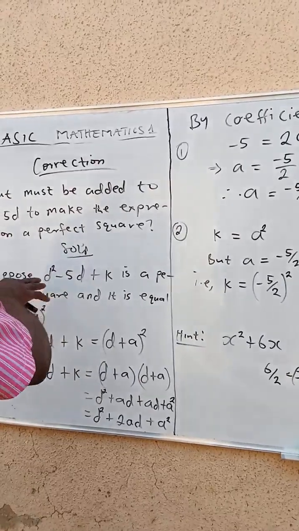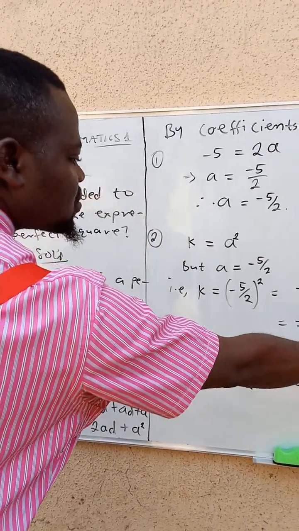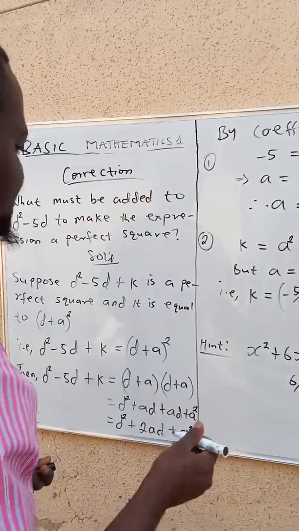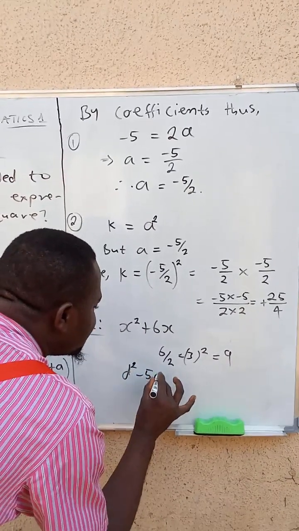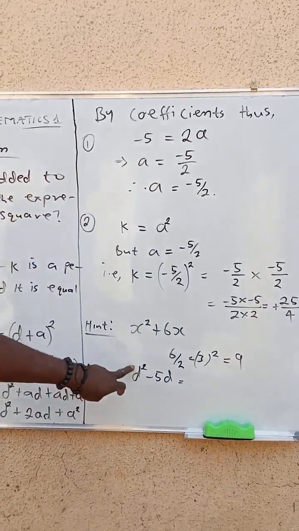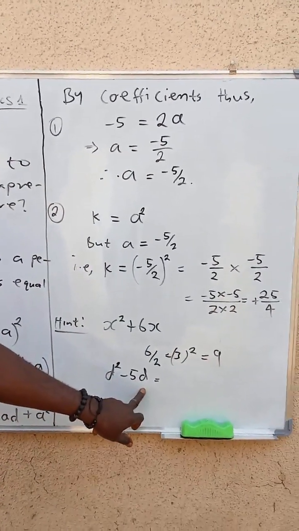Just like the k now, if I'm to add this, that means d squared minus 5d plus 25 over 4. Now, for the one I gave, d squared minus 5d, what I'll do is look at the one with the d; I'll take the coefficient. The coefficient of d is minus 5.